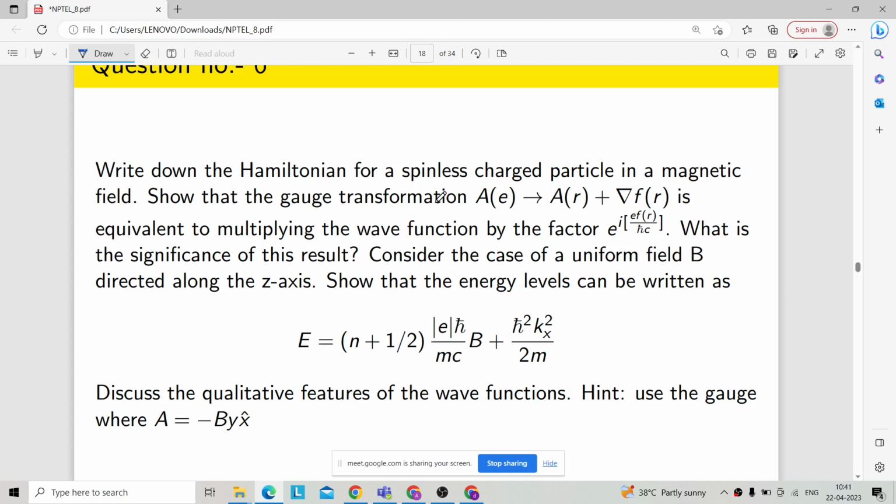The next question says: write down the Hamiltonian for a spinless charged particle in a magnetic field and show that the gauge transformation, where the vector potential is transformed like this, A plus gradient of some scalar field f(r), is equivalent to multiplying the wave function by a factor e to the power i e f(r) by h cross c.